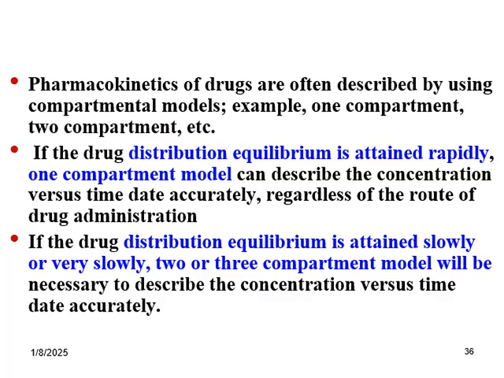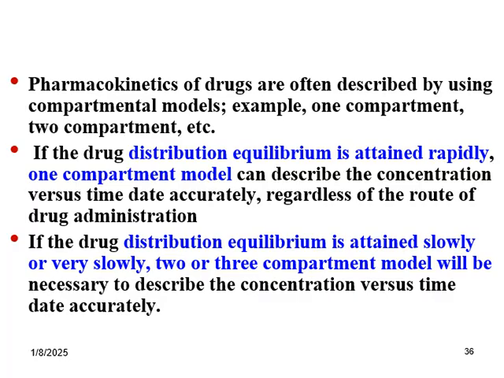The distribution equilibrium, the balance, is attained slowly or very slowly. 2 or 3 compartment model will be necessary. That means not like put a gas in a room, that the whole room is filled, right? That is one compartment. But if slowly, 2 or 3 compartment model will be necessary.